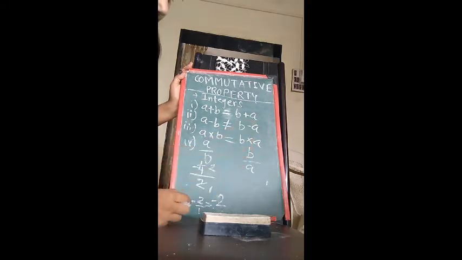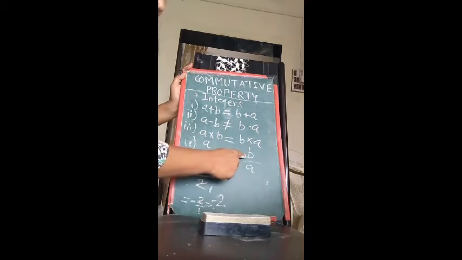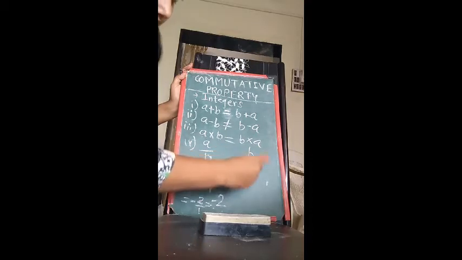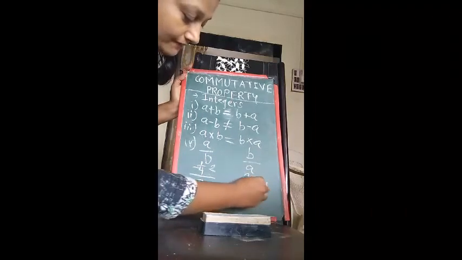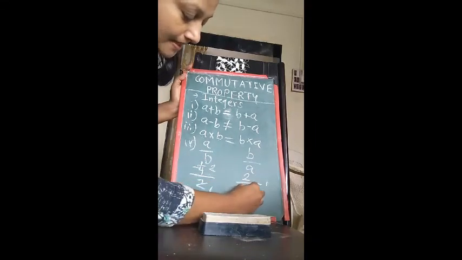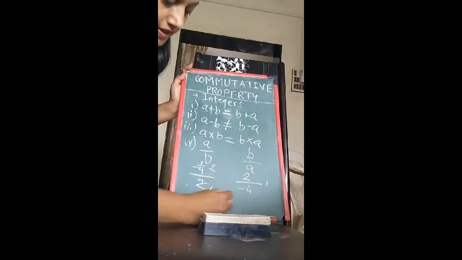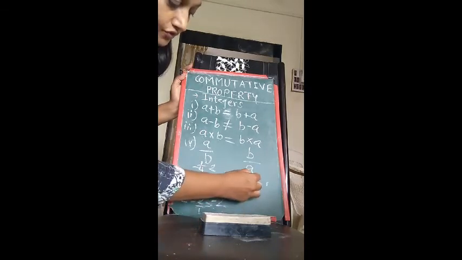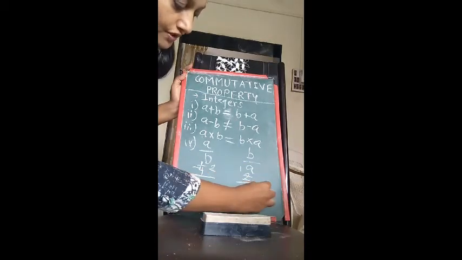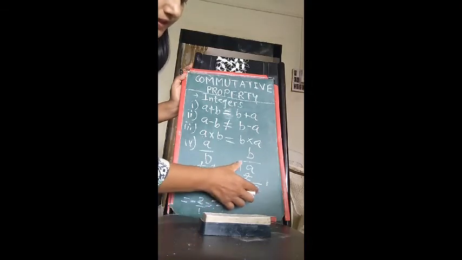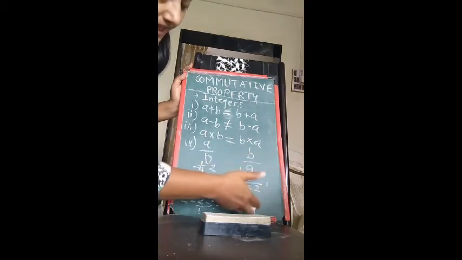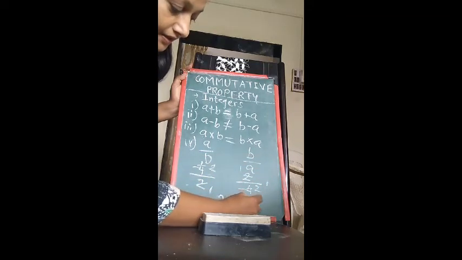Now we will check for B upon A. So what is the value we assigned for B? We have assigned the value for B as 2 and for A as minus 4. Got this? So we are going to solve again. 2 ones are 2, 2 twos are 4. Just remember the numbers that we have written here, they come exactly in the fraction.